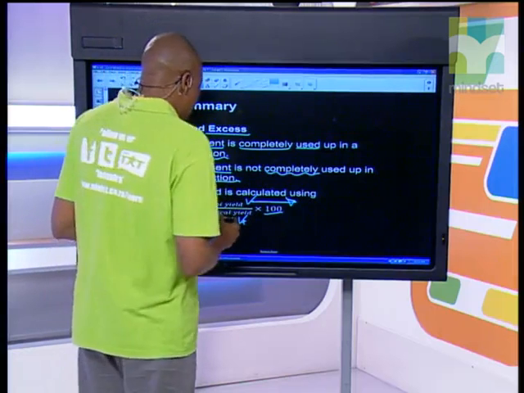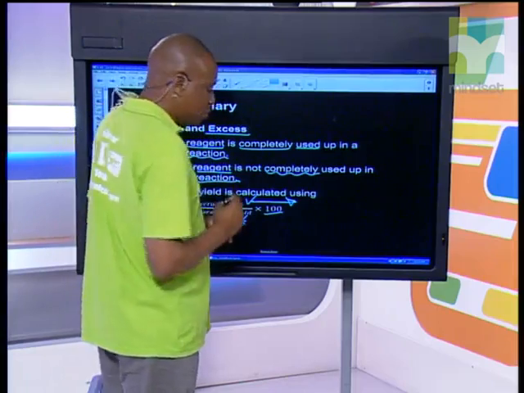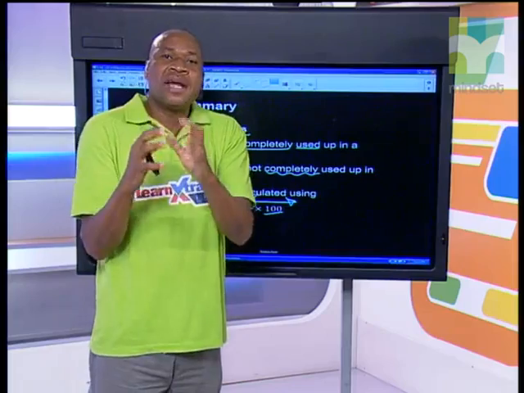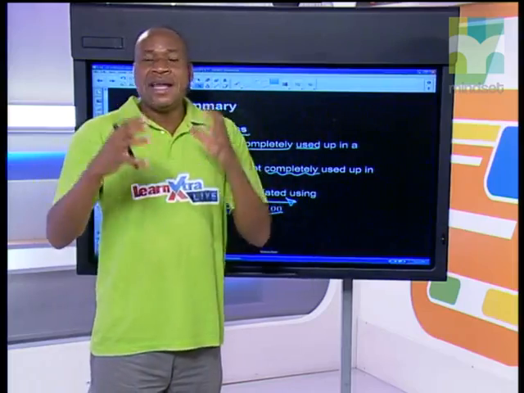But if the reaction takes place and we find out that instead of what we calculated to be the quantity of the product that should be formed, according to how the substances are combining in their ratios, we find that less of it has been produced. That less of it that has been produced, which is actual, is what we are seeing.